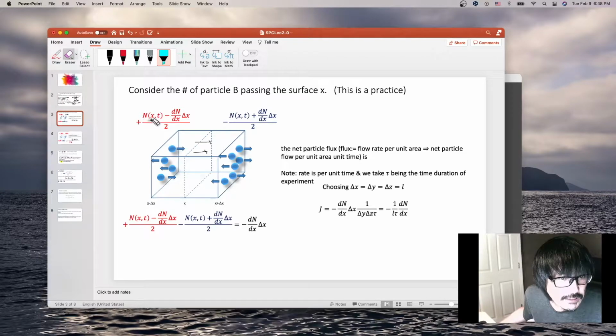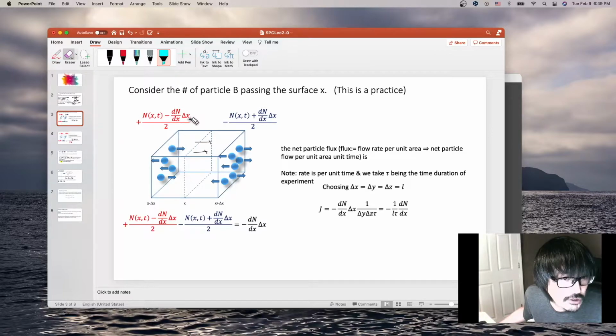You have the number of particles at x at the given time t, which is a function of x and t, minus the slope of n multiplied by the distance delta x.